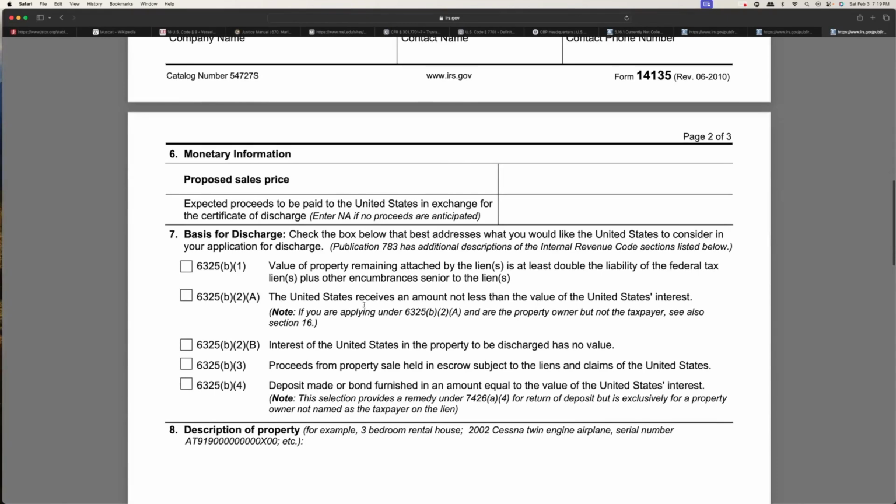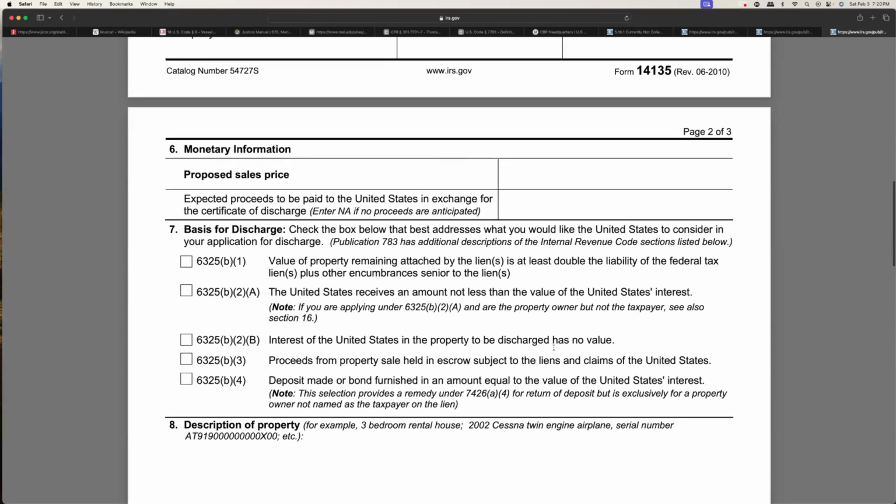What does apply to our situation is 6325, subsection B, subsection 2, subsection capital B. The interest of the federal tax lien of the United States in the property to be discharged has no value. Why? Because there's nothing left over. And a wraparound mortgage or an AITD is a legitimate financial instrument.